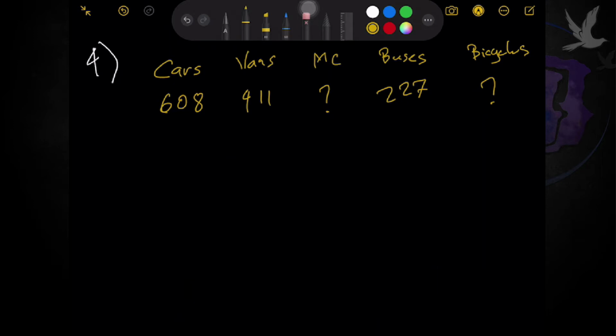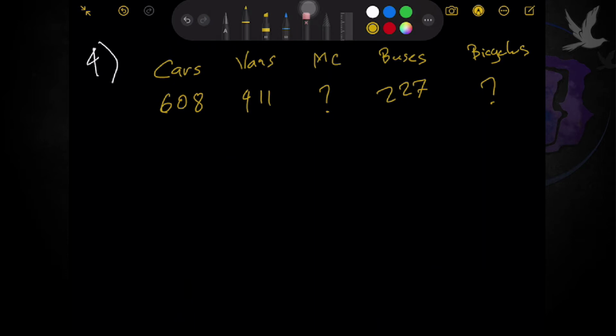It says there that if the average number of vehicles that passed by the shop that day was 369 and the number of motorcycles was 569 more than the number of bicycles, find the number of bicycles that passed by the shop that day. So ganito muna.